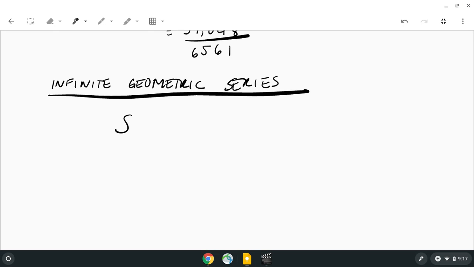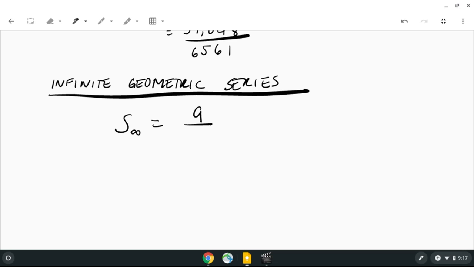The sum for the infinite geometric series is going to be a1 over 1 minus r. And again, a1 is the same thing.